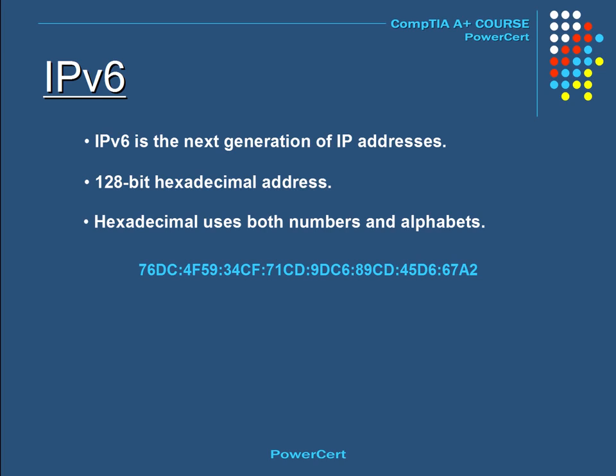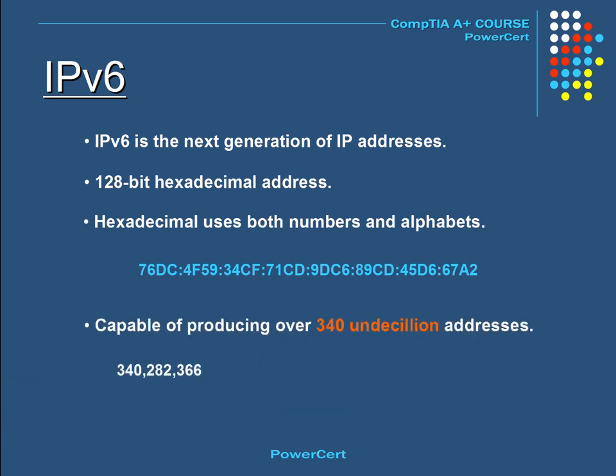So with this type of address, IP version 6 can produce an unbelievable 340 undecillion IP addresses. That's the number 340 with 36 digits after it. So as you might have guessed, IP version 6 is more than enough for the foreseeable future.